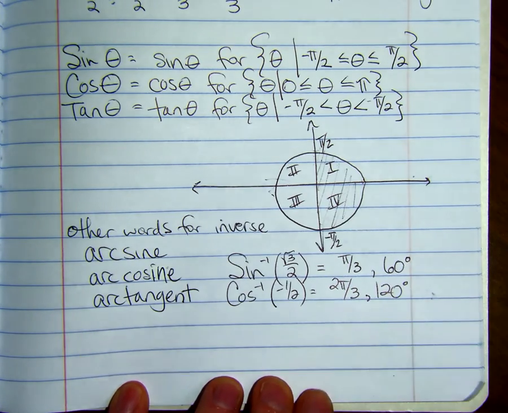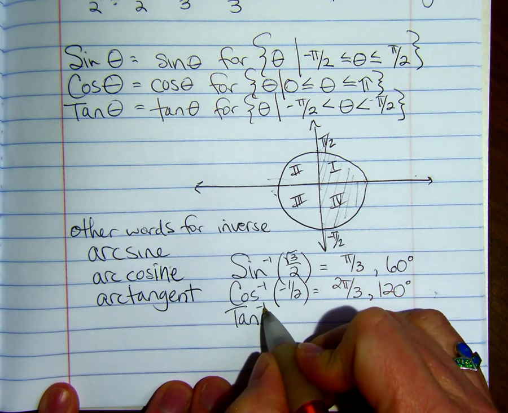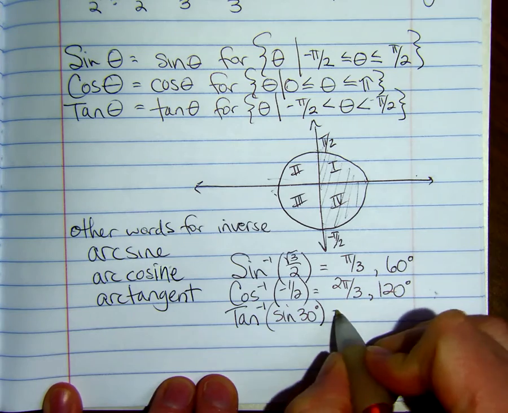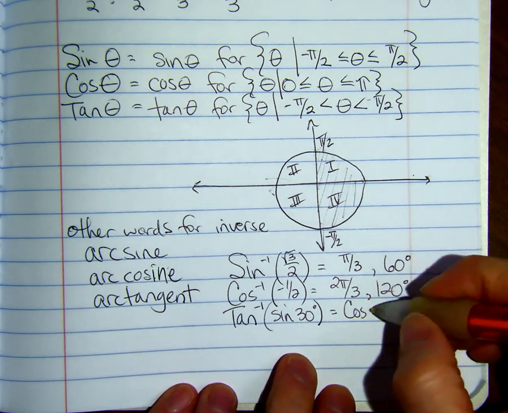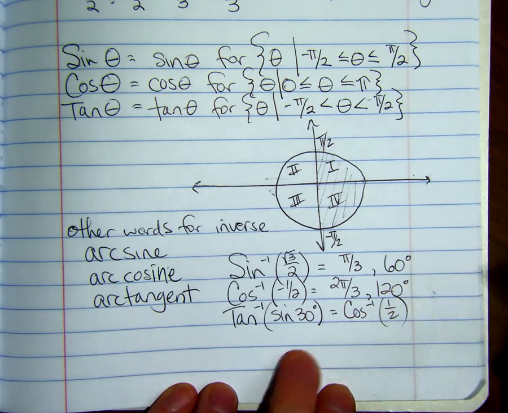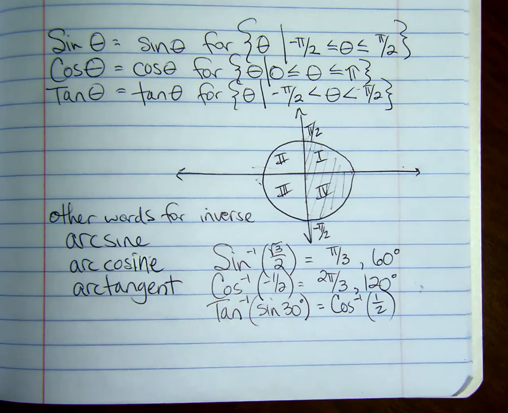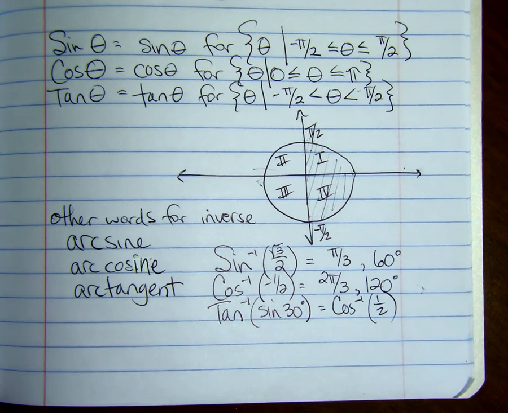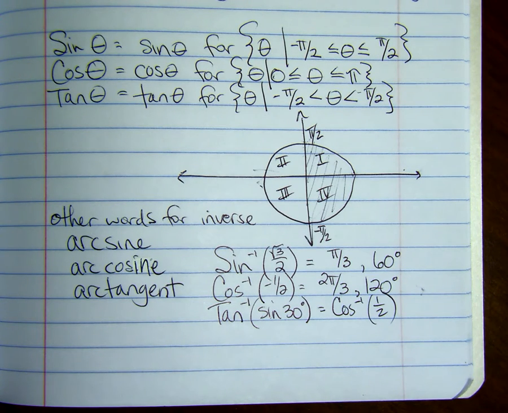And then capital tangent inverse of sine of 30 degrees. So that would be the same thing as cosine inverse of 1/2. So if you take the sine of 30 degrees, and you get pi sixth, the tangent inverse, how do you do that?